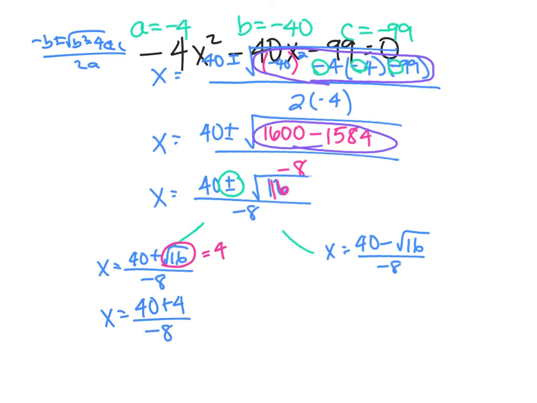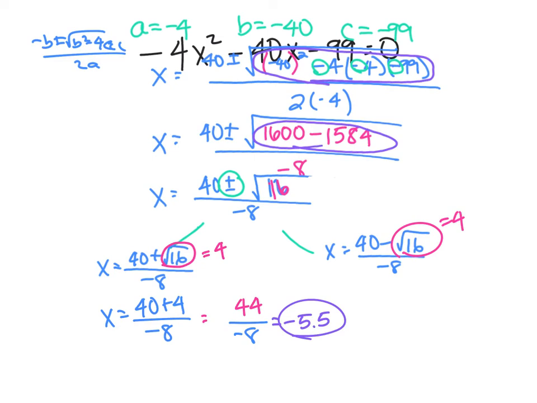We want to deal with the top of that fraction first. 40 plus 4 is 44 over negative 8. And then if we type that into a calculator, we get negative 5.5 for that root.